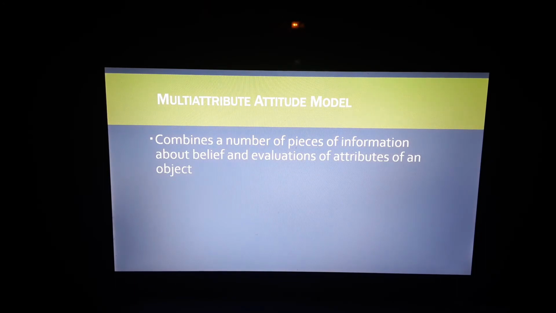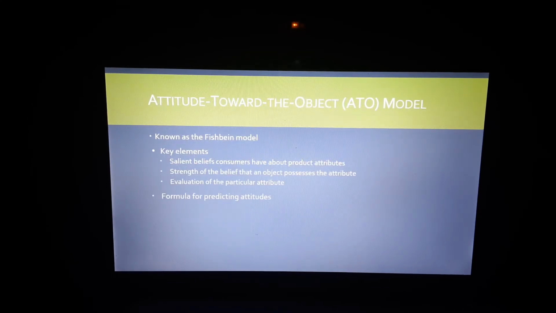The multi-attribute attitude model combines a number of pieces of information about beliefs and evaluations of attributes of an object. So you're not looking at things one-dimensionally. The attitude towards the object model is known as the Fishbein model. You'll often see that. We talk about that sometimes as a way to make a decision.